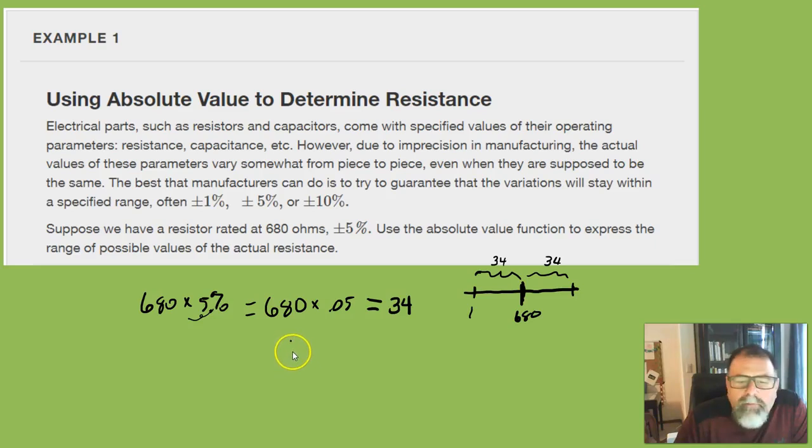So the absolute value of our resistance, we'll use R for resistance, minus 680. So the difference between R and 680 has to be less than or equal to 34 ohms. Okay, that's pretty much all you have to do for this one. Now if you wanted to solve it, you just subtract 34 to get the lower end and add 34 to get the upper end.